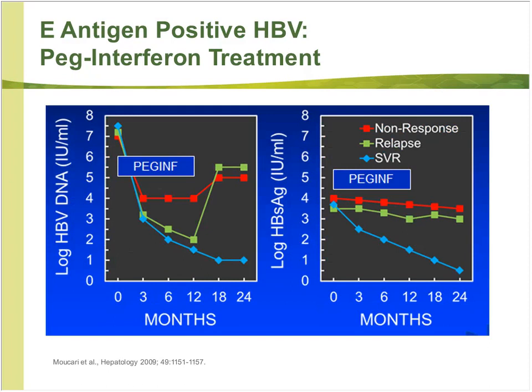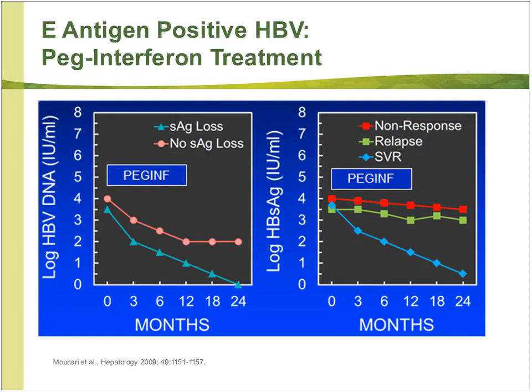At 3 months, you really want to see a multi-log decline in these e-antigen positive patients on interferon to say they have a chance of losing S. More on e-antigen positive patients on pegylated interferon, you see this change in the spread that starts widening between 3 and 6 months with HBV DNA, but it's not as profound as you see in the right box where you're looking at log S reduction. 3 months really separates out patients whether they're going to get S loss or not.